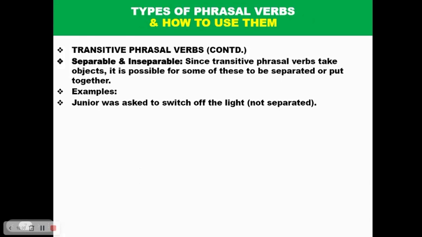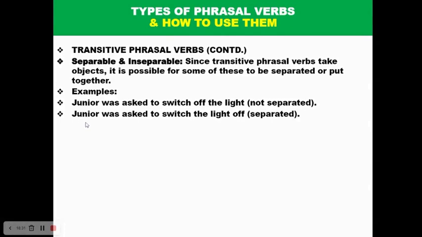Junior was asked to switch off the light. Here, we didn't separate the phrasal verb. Switch off the light. Now, this is the object, and this is the phrasal verb. So we use the phrasal verb together, and then we add the object. So they are not separated here.